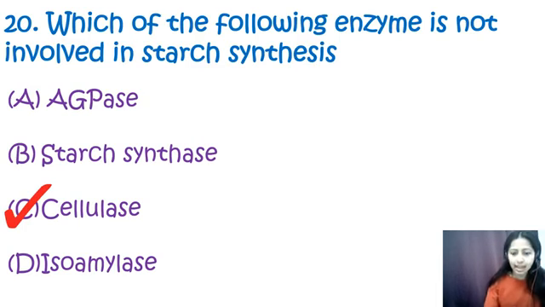AGPase, starch synthase and isoamylase play a crucial role in starch biosynthesis, whereas cellulose is a polysaccharide present in plant cell walls, and it breaks down into glucose units. It is not involved in the synthesis of starch. So the correct option is C, that is cellulose.